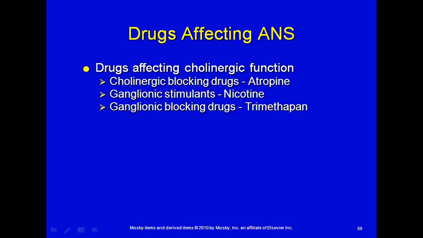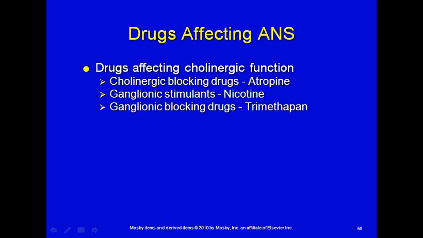So if we have an excessive amount of cholinergic function in our system, if we're stimulating our vagus nerve and releasing lots of acetylcholine into our bloodstream, then our heart rate's going to slow way down. And atropine is an anticholinergic. It binds in those sites, and the acetylcholine can't slow the heart rate down.